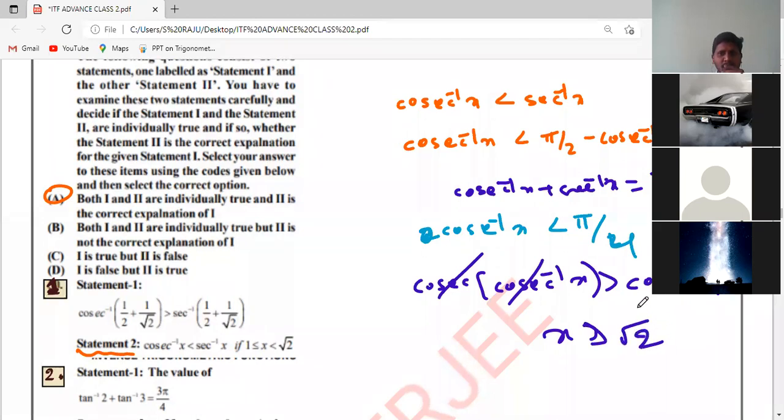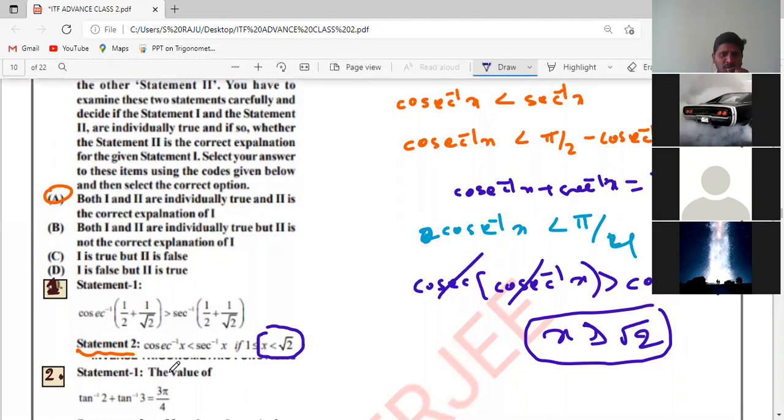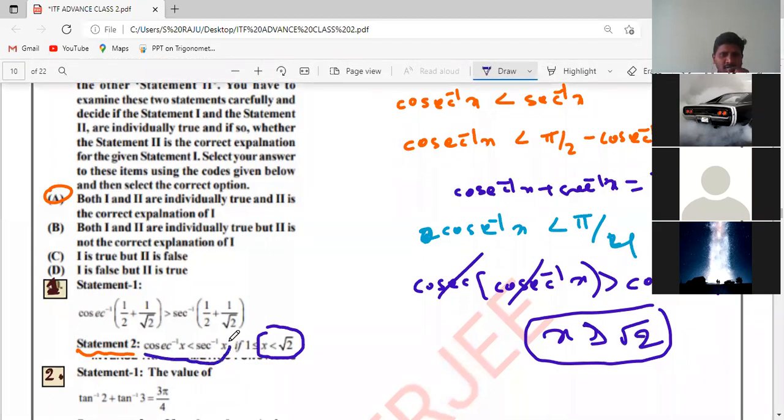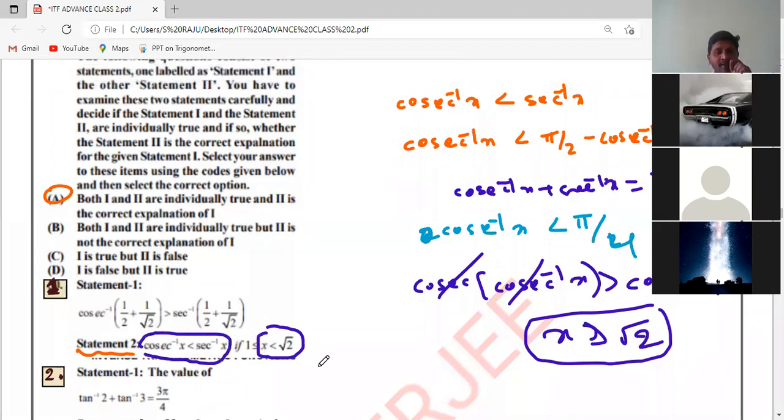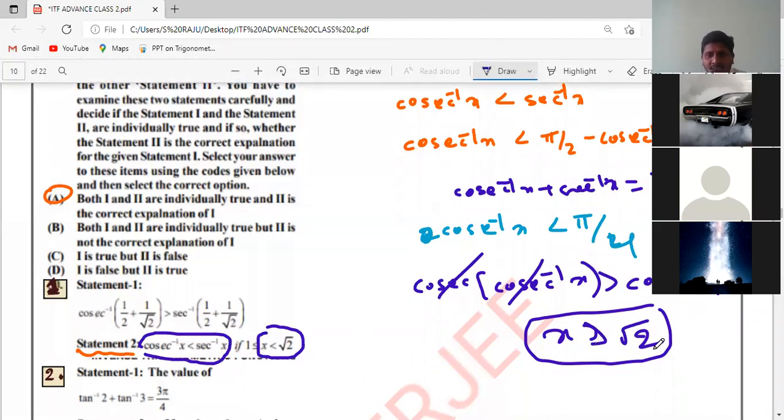It is root 2. But what is the condition they have given here? We got x greater than root 2 if we take the condition cosecant inverse x is lesser than secant inverse x. When I take this condition, finally I got x greater than root 2, but they have given x lesser than root 2. Is statement 2 true?